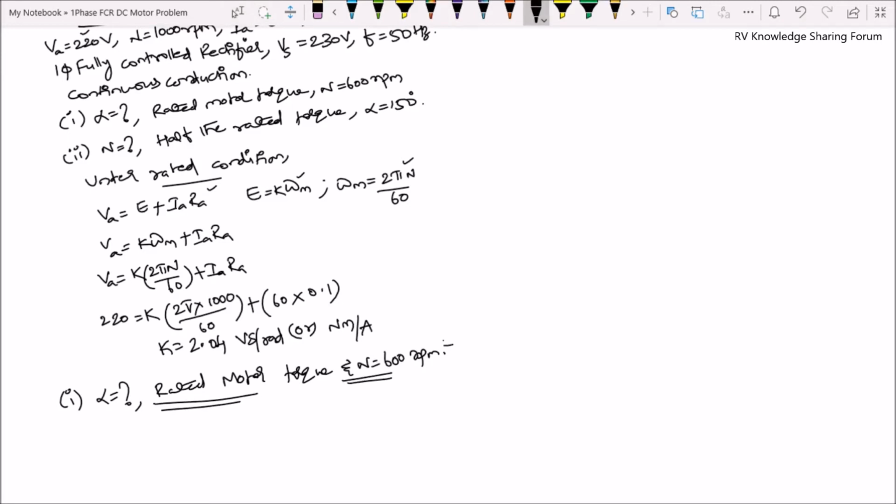We know the motor equation VA is equal to E plus IA RA. Let this be equation 1. Here the type of controlled rectifier used is a single phase fully controlled rectifier, so VA is given as 2 Vm by pi cos alpha. Let this be equation 2.